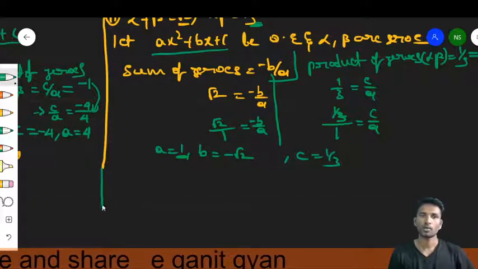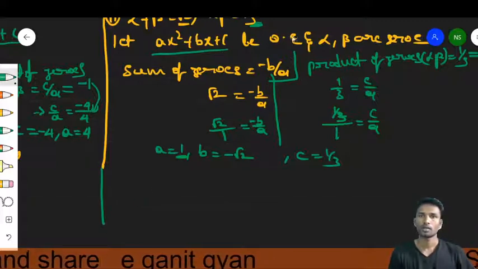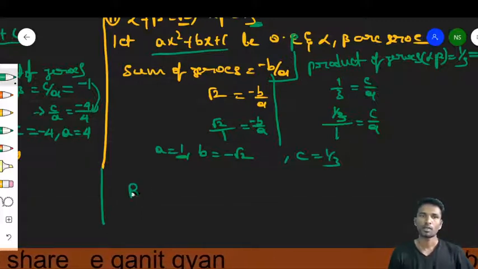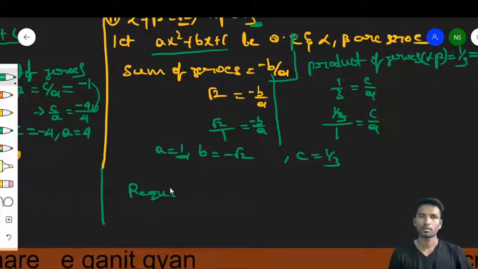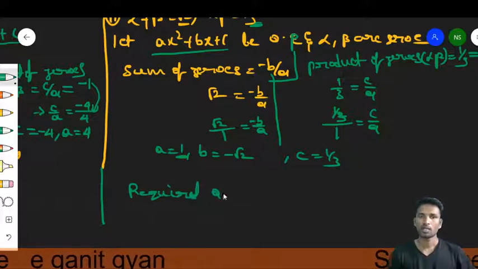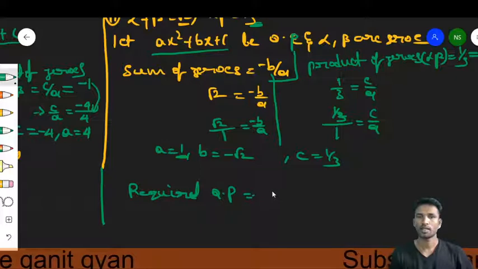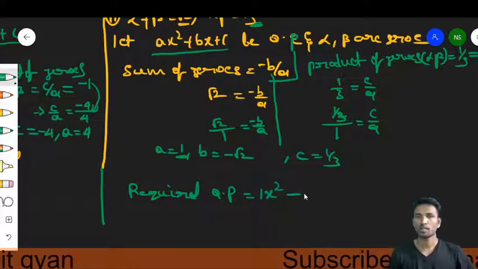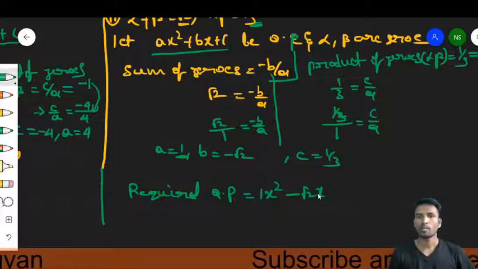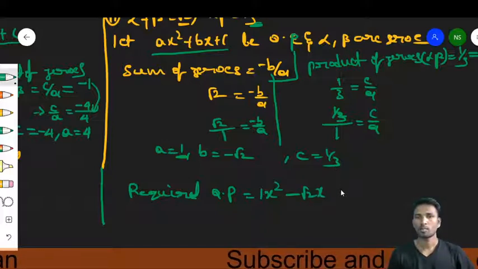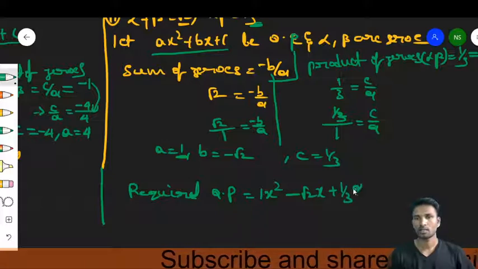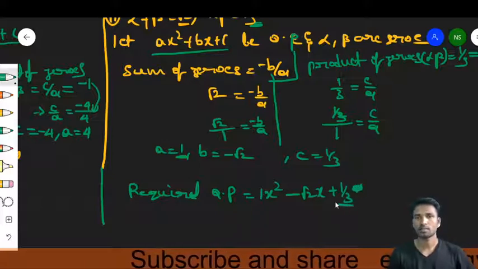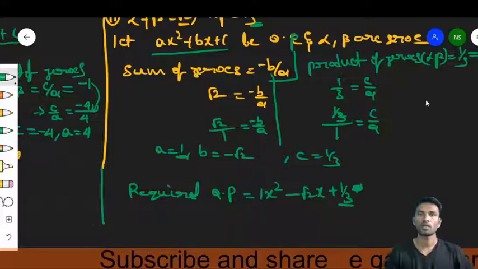So the required quadratic polynomial is ax square, which is nothing but 1x square, plus bx, minus √2x, plus c, which is nothing but plus 1/3. C is a constant term. That's it. Like that we will find out the solution.